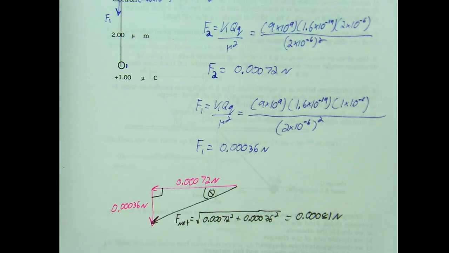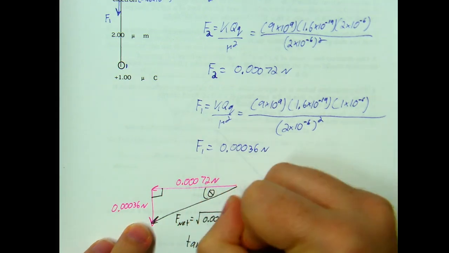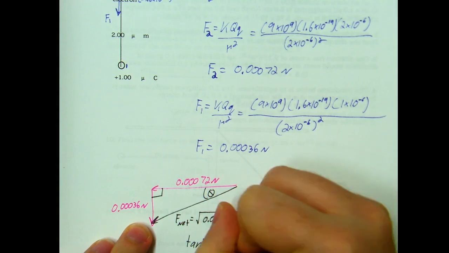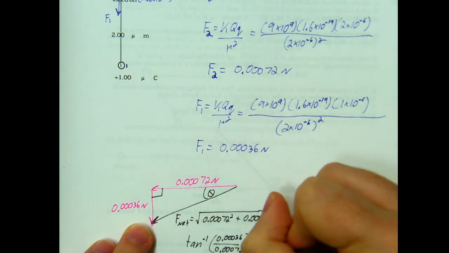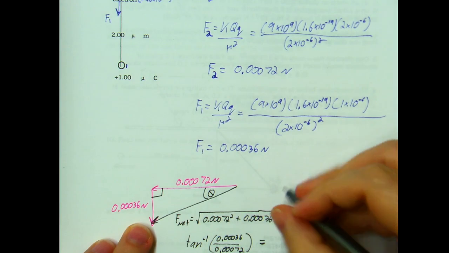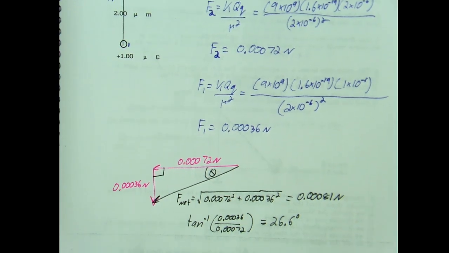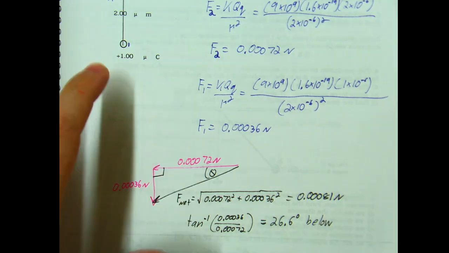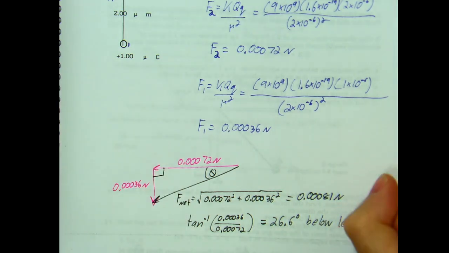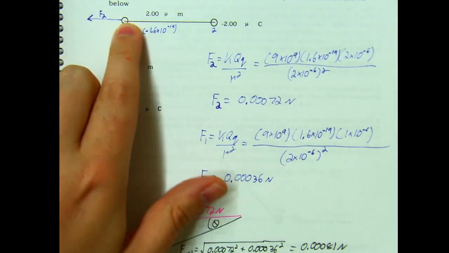For direction, that's going to be the tan inverse of opposite 0.00036 over adjacent 0.00072. That's going to give us an angle of 26.6 degrees, if I've done my calculations properly. We would say that this is 26.6 degrees, for lack of a better term, below left. We've got left and down, and so this is going to go this way, below left.